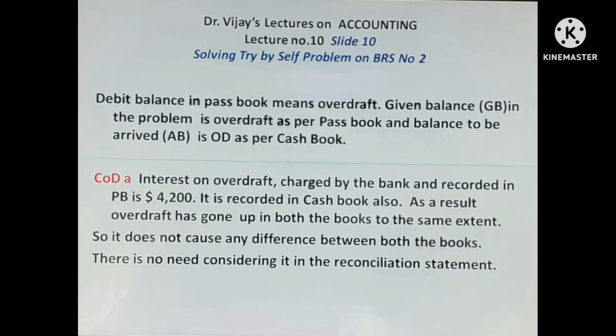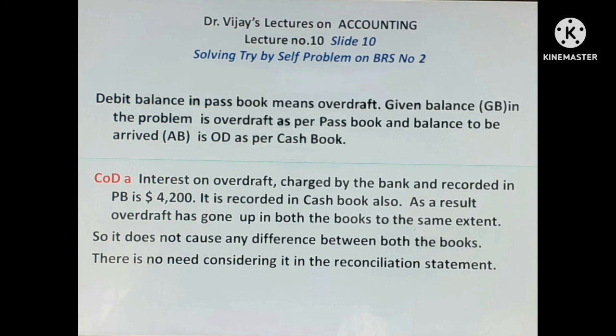Please read slide 10 very carefully. We are solving Try By Self problem number 2. Please read. Debit balance in passbook means overdraft. Given balance in the problem is overdraft as per passbook. And the balance to be arrived, that is AB, is overdraft as per cash book.